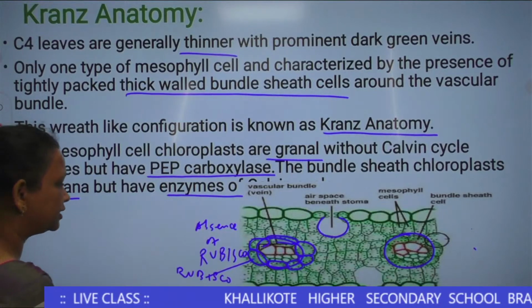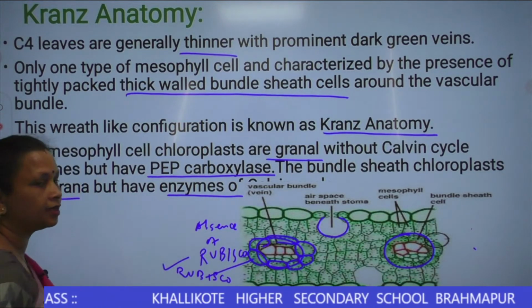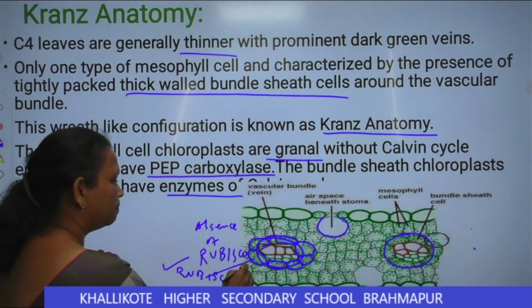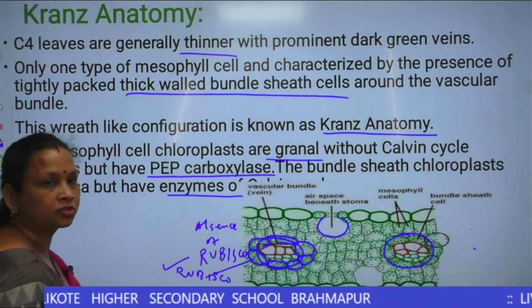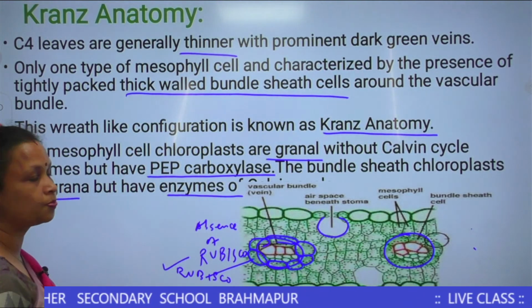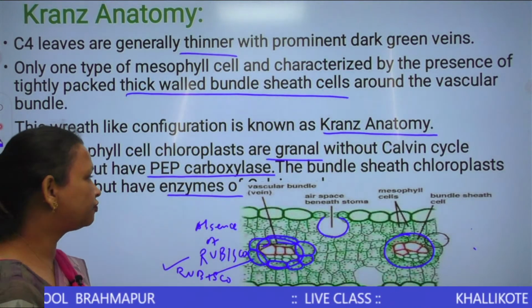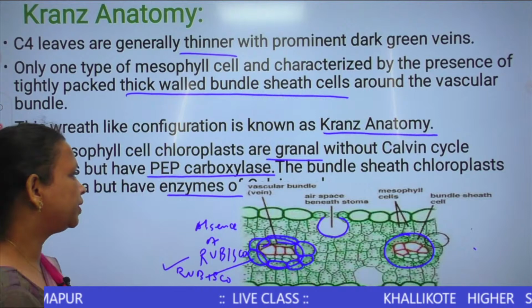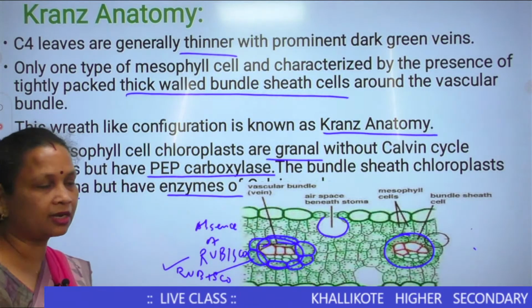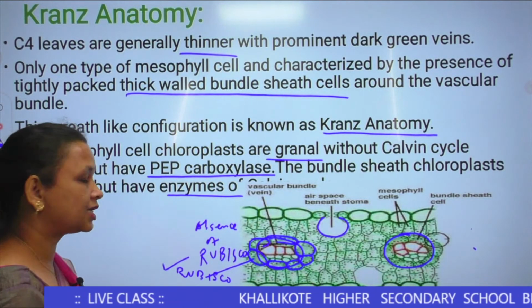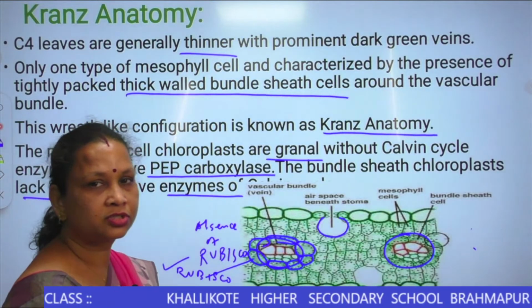So, Rubisco enzyme is present in the chloroplast of the bundle sheath cell. Here we see there is spatial differentiation, or partition of space between the mesophyll cell and the bundle sheath cell to carry out photosynthesis.